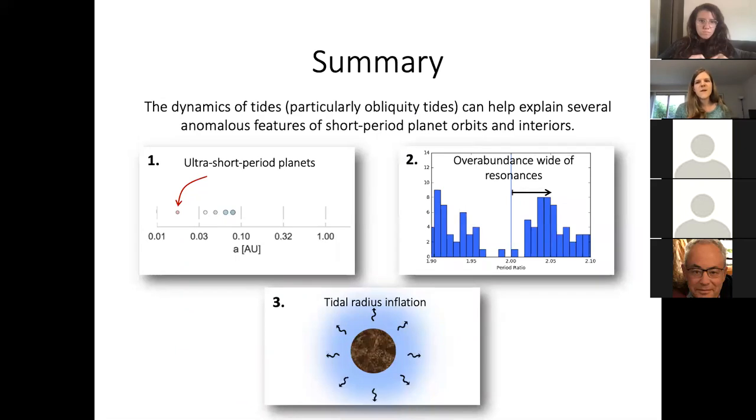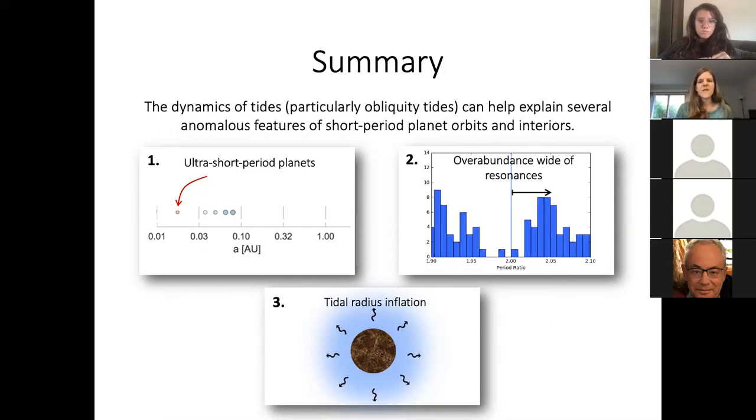So just to sum up, these close-in planetary systems are full of really interesting structure, but also a lot of surprises that have required explanations. And I think that the dynamics of tides and maybe obliquity tides can help explain some of these features, both in the orbits of the planets, as I talked about for ultra-short period planets and these pileups wide of resonances, but also in the interior structures of planets when we think about what the effect of tidal heating does to their atmospheres.